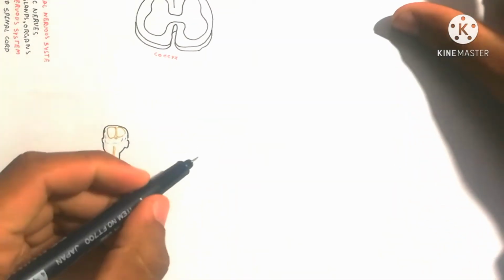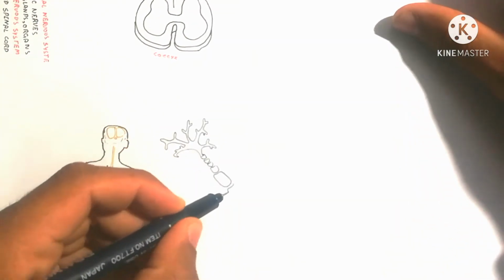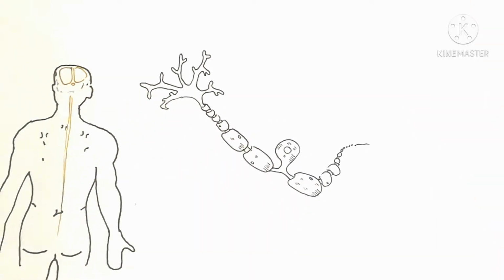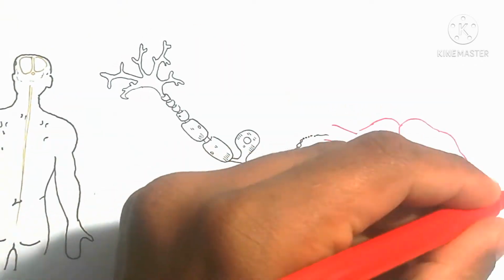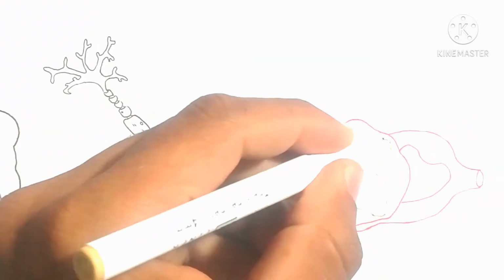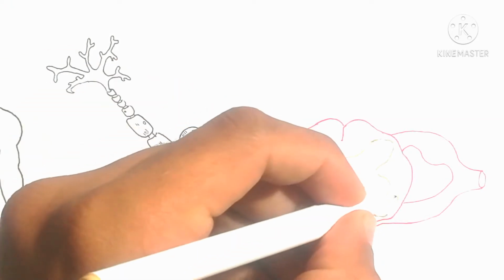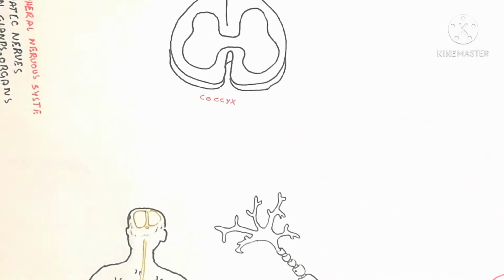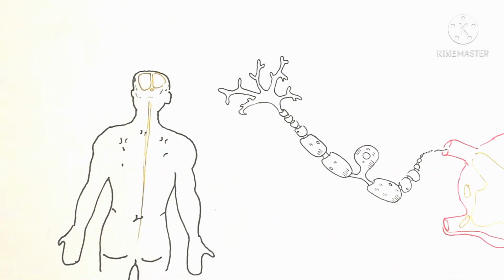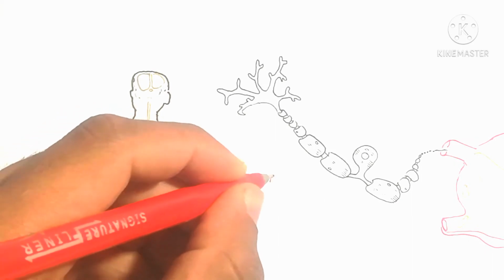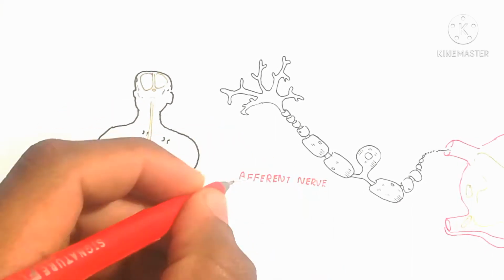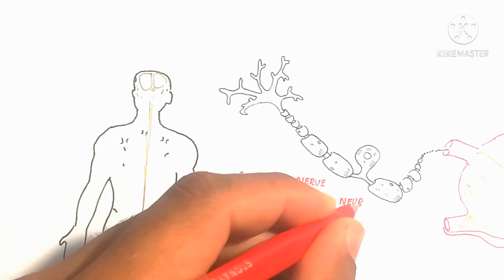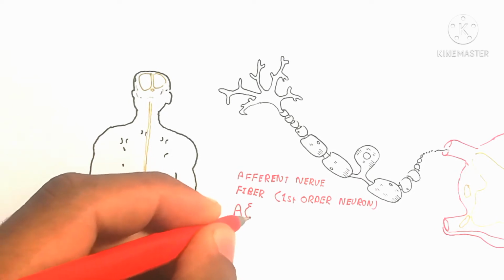Now we will discuss the detail. Here is the man, and you are watching this diagram of the back of the human. Here is the spinal cord cross section, showing the motor neuron and different myelinated neurons, but unmyelinated neurons are also used for the pain pathway. Here is the afferent nerve fiber, the first order neuron.